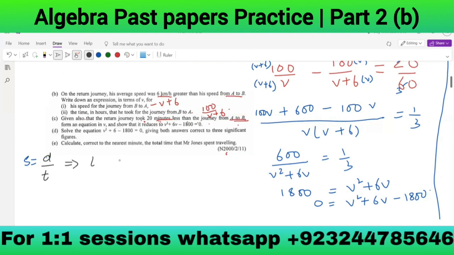So you need to calculate time, so it should be distance by speed. So distance is 100 and speed is 39.5. Okay, so what is 100 by 39.5? 2.53. So this is the time traveled.